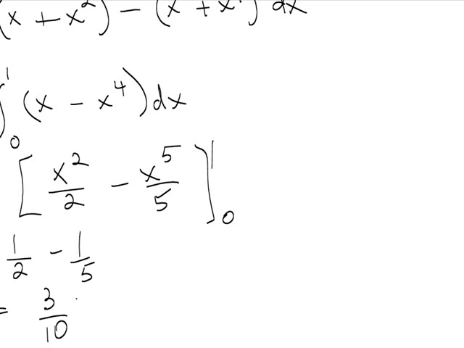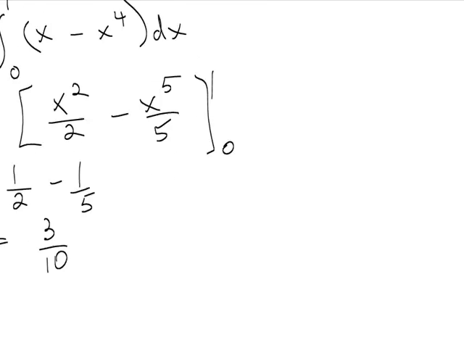Any questions on that? So you have to be able to do that before we start drawing regions and deciding whether we want them to be vertically or horizontally simple. Okay? So that's key. That's the first step. Any questions? Okay.